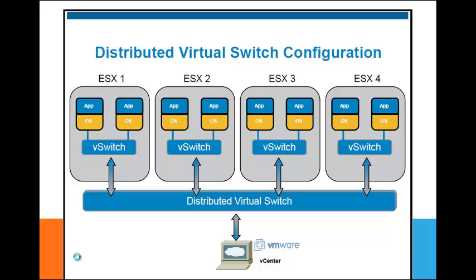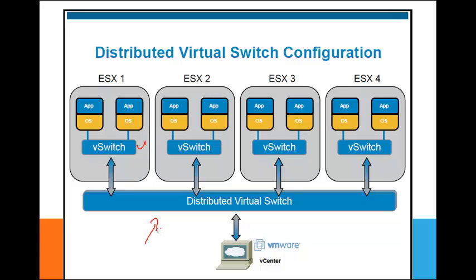The distributed virtual switch automatically applies the change to the individual switch on each VM ESXi host. So in the previous case, we saw that each vSwitch needs to be separately configured. But here what we see is vSwitch along with the distributed vSwitch.